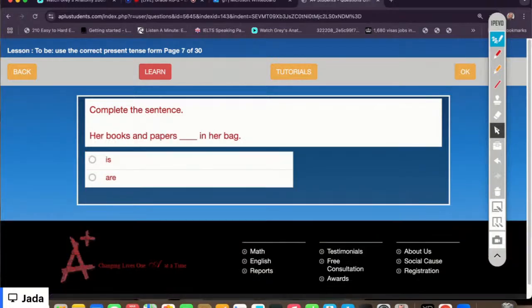Okay. Her books and papers dash in her bag.